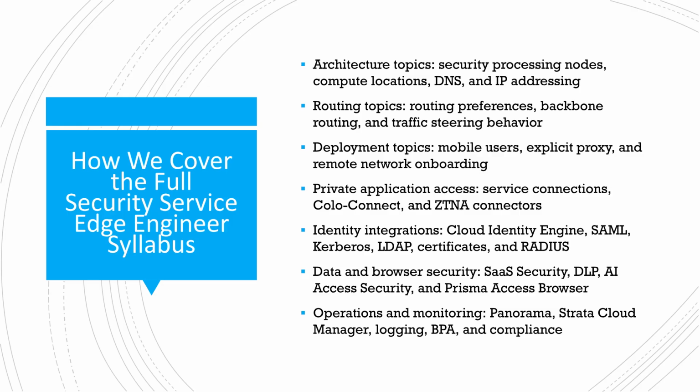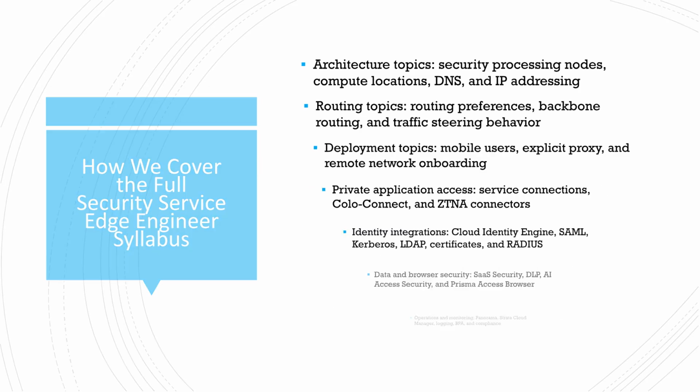Finally, we address operations: Panorama and Strata Cloud Manager for multi-tenancy, RBAC, configuration management, logging, releases, BPA, compliance, and troubleshooting. Every one of these official blueprint points is represented in the course content, so you can trust that your time is covering exactly what matters for the exam.